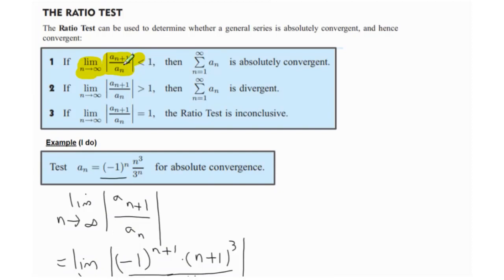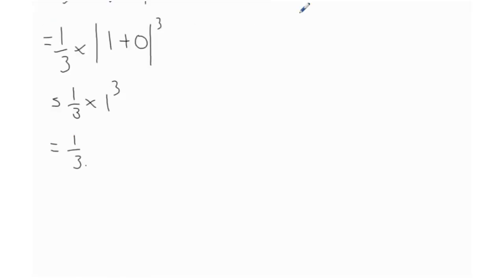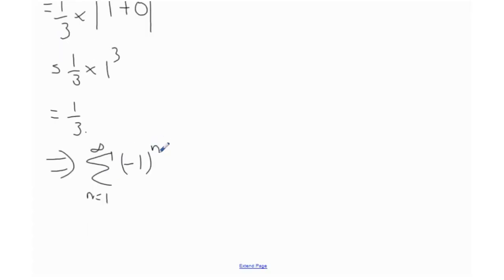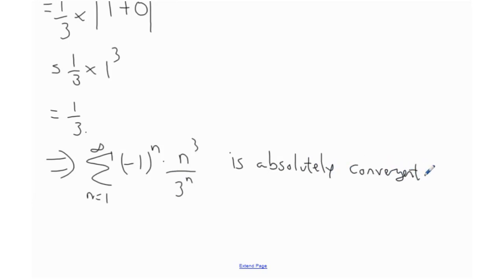So that tells us that this particular series, the series from n equals 1 to infinity of (-1)^n times n cubed over 3^n, is absolutely convergent. And the reason for that is the ratio test.